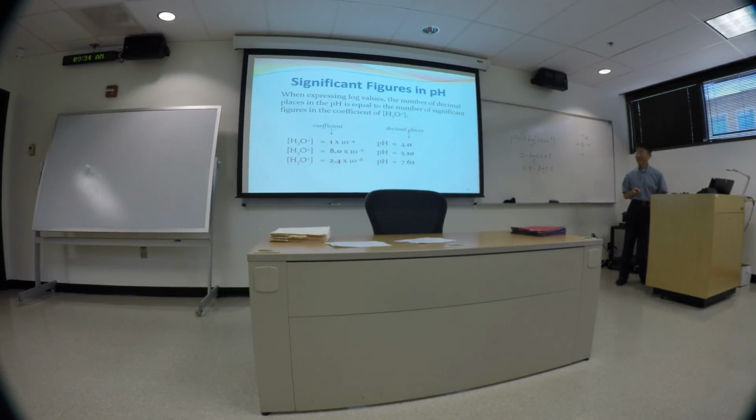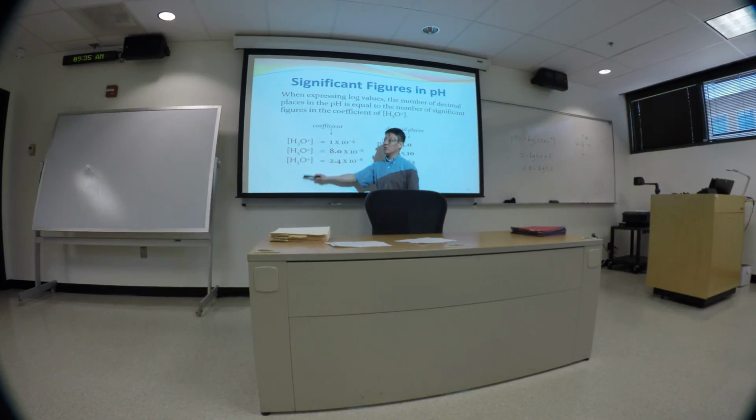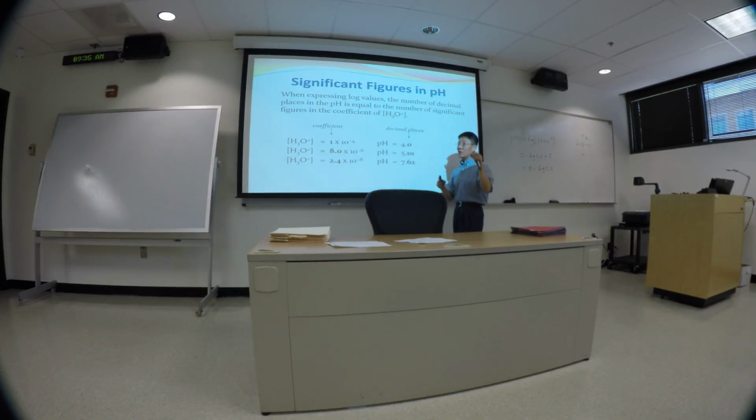Okay, so about the significant figures in pH, one thing that we do want to point out: when you talk about the concentration of the hydronium ion or hydroxide ion, we're talking about a relatively low concentration when you use the pH to measure acidity or basicity. So if you have one sigfig in the coefficient, the pH value will carry 1 decimal place.